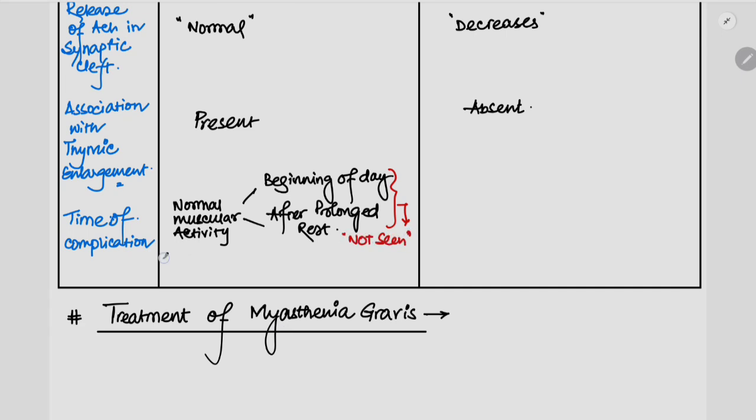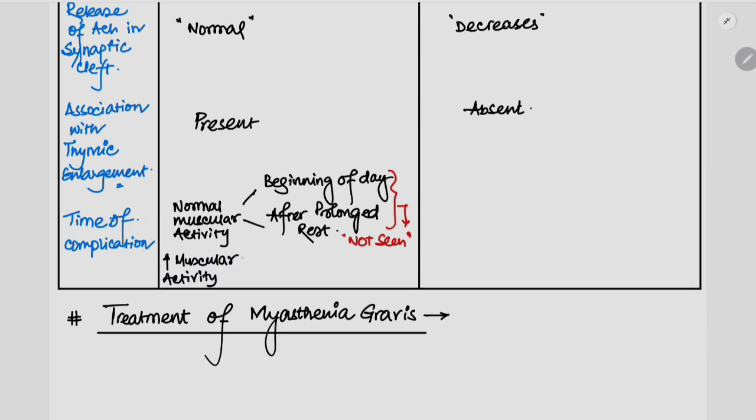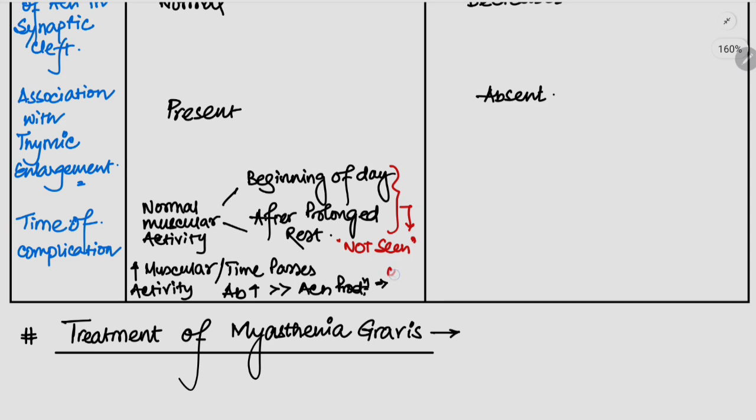But with increasing activity, or as the time passes, autoimmune antibodies production rises greater than acetylcholine production. So that causes complication and symptoms.